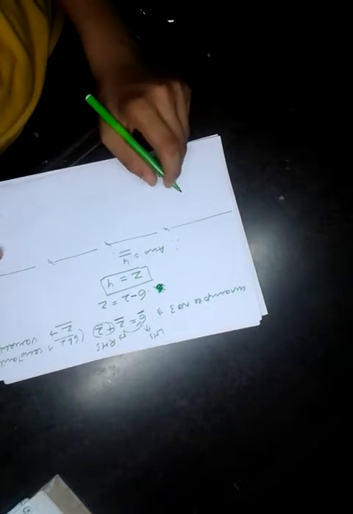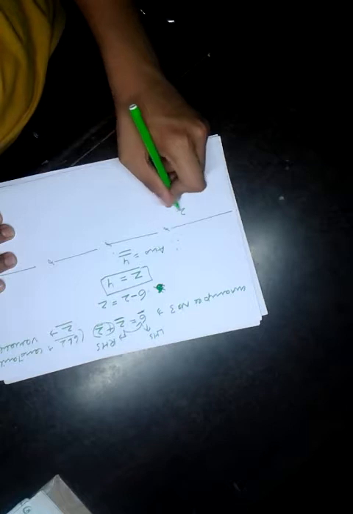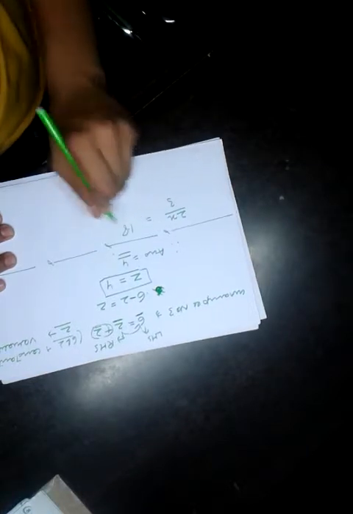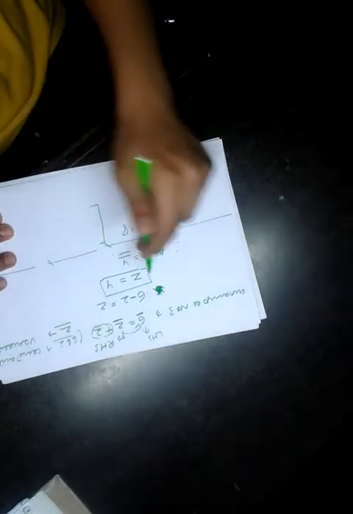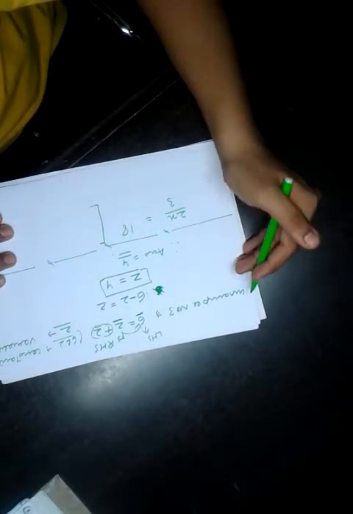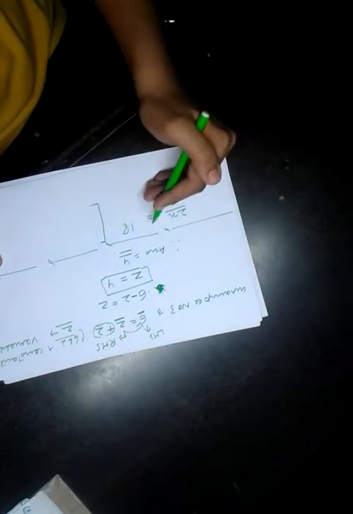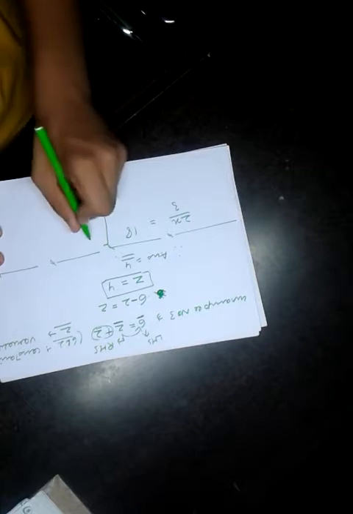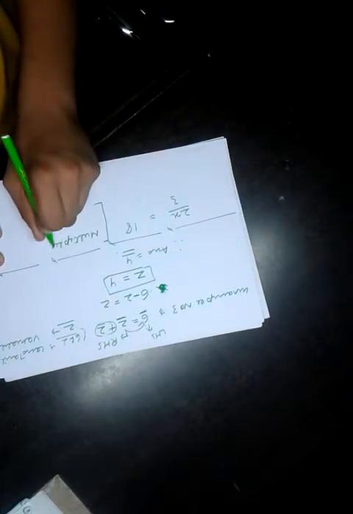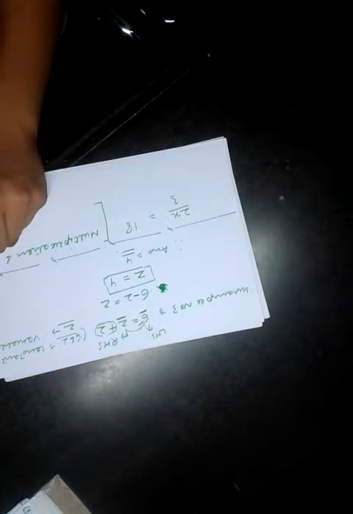Now I would like to give you a small thorough of fractions. 2x by 3 is equal to 18. Well friends, these questions which we have earlier done are only related to addition and subtraction. But now the question which I am going to do now is totally dependent on multiplication and division.